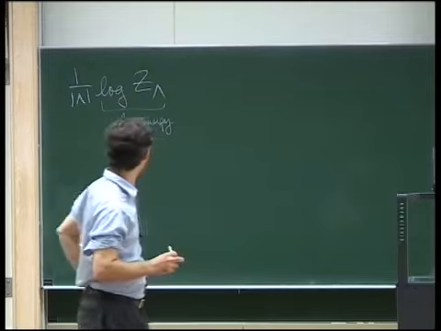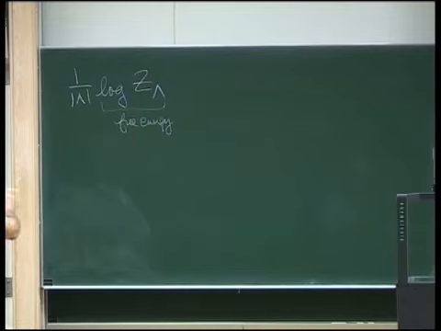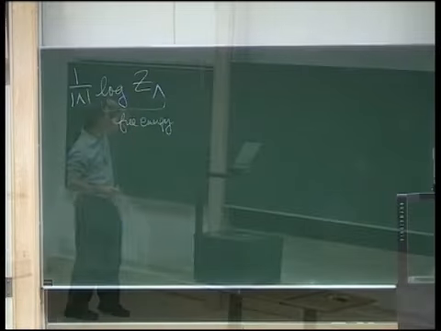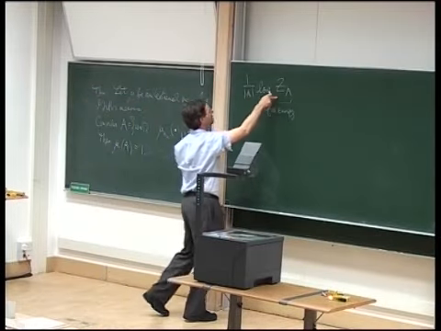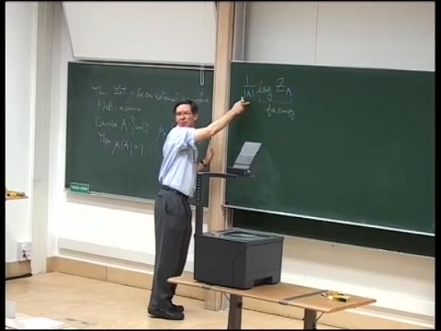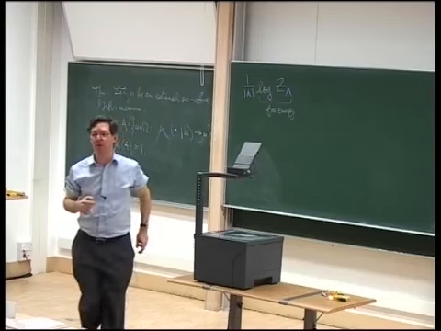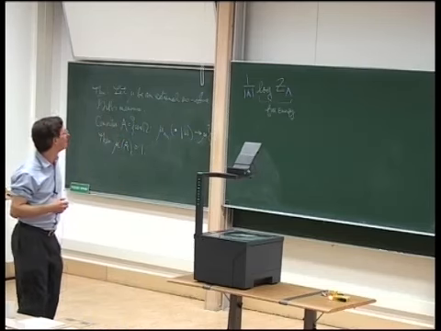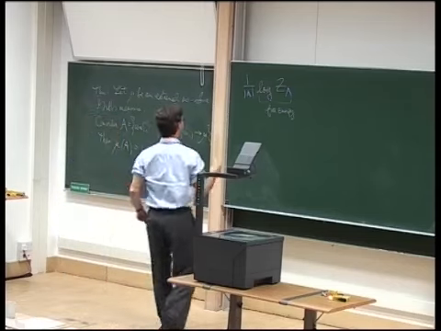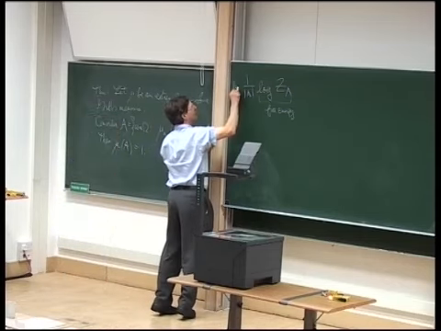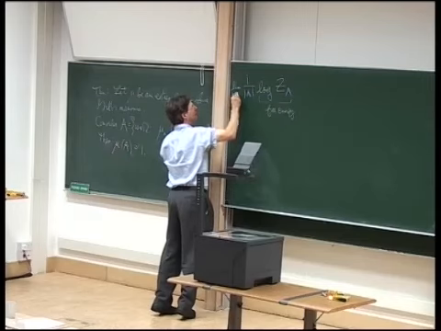So this is a free energy per unit volume, and you expect that the free energy per unit volume has a good limit in the infinite volume limit, as Λ goes up to Z^d.